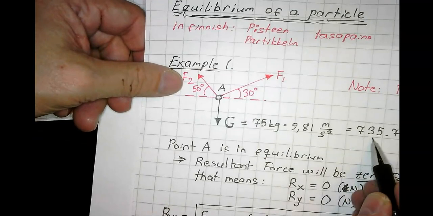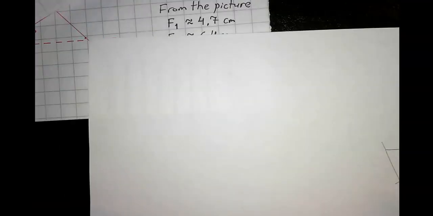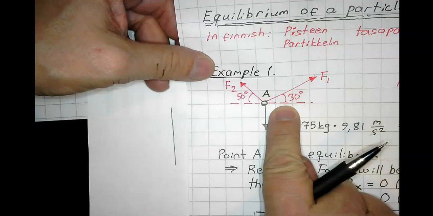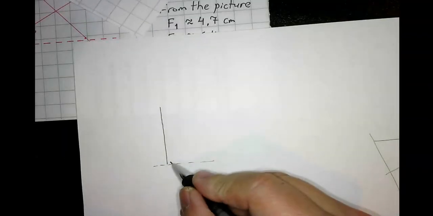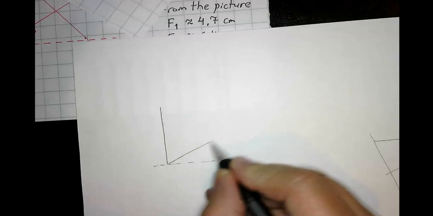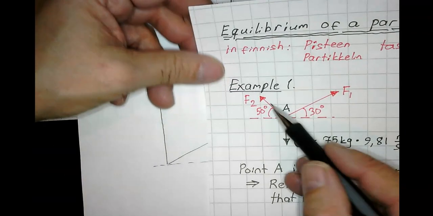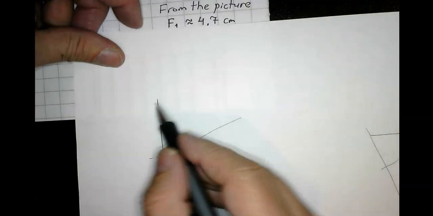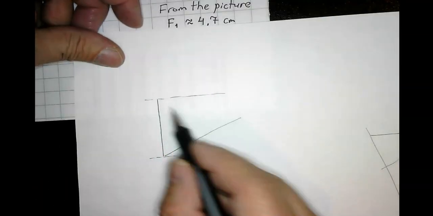This force is 735, and here I need an angle of 30 degrees. So here is the horizontal plane, and I approximate that 30 degrees is maybe something like this. And then here I need 50 degrees. So let's approximate. Here is the horizontal line.